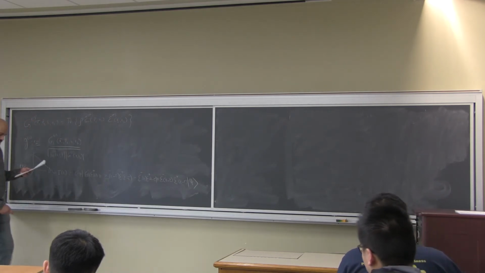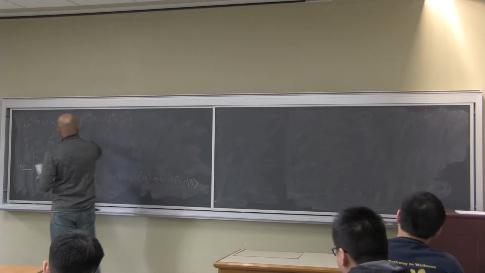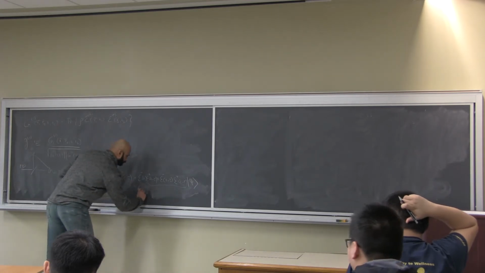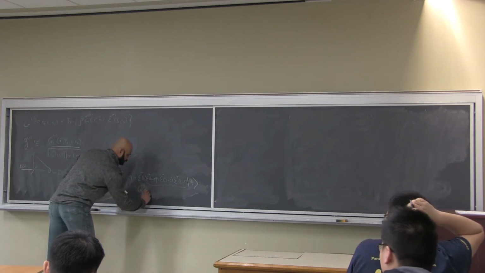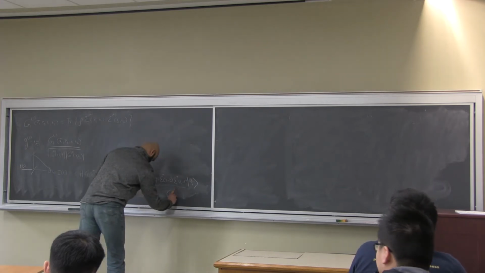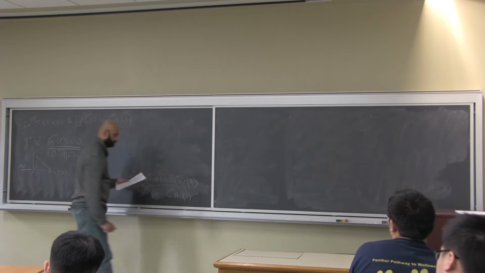So these are the terms that will be proportional to G1 at t and t minus tau.